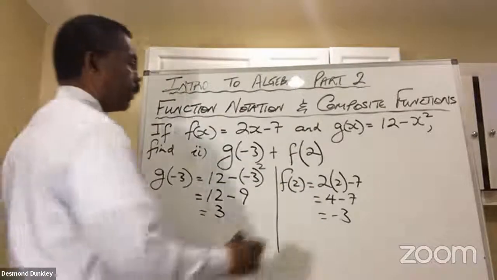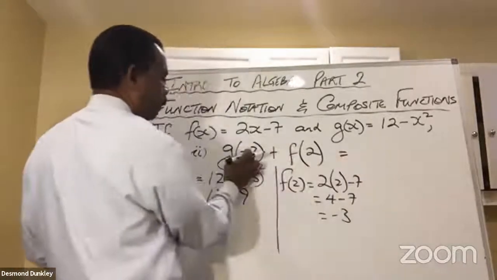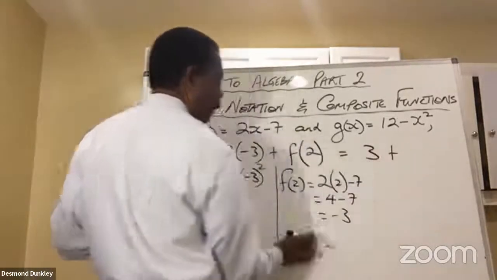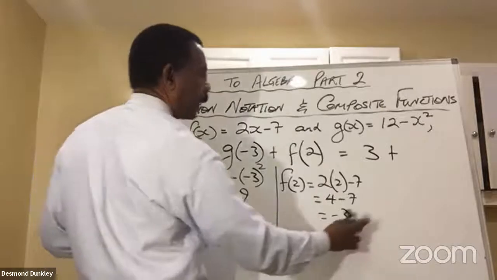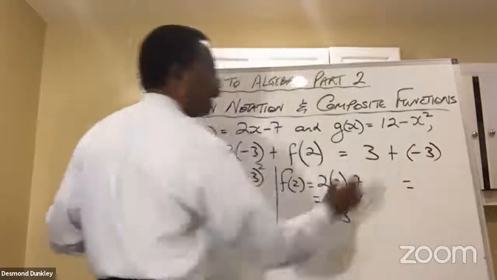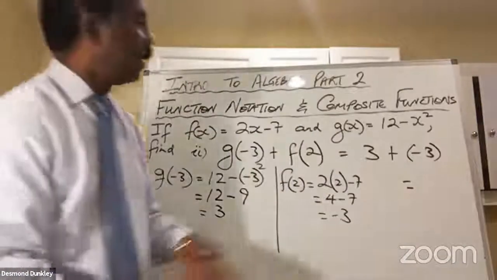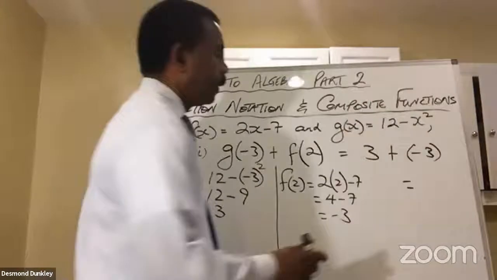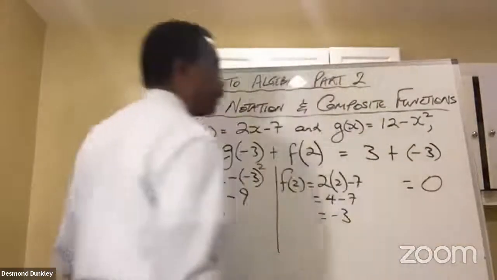So what's going to be the answer? The answer is going to be this part, which is 3, plus this part, which is -3. And what is 3 plus -3? 3 positives, 3 negatives, they cancel. The answer is 0.